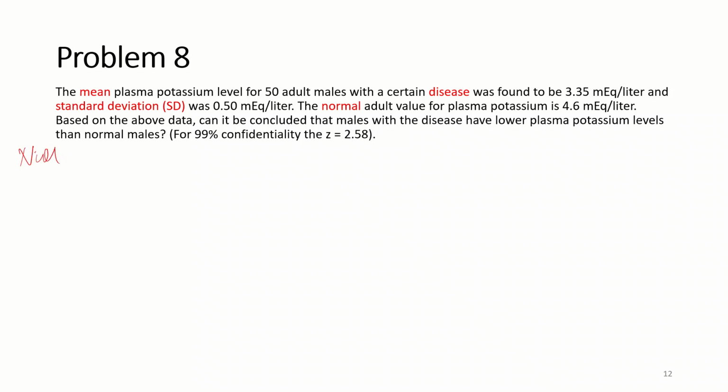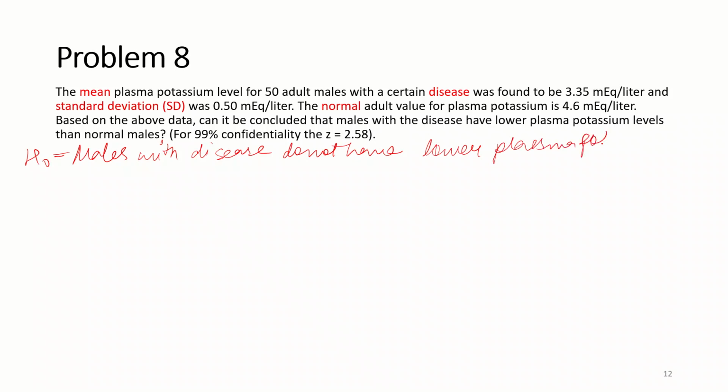Null, H naught, is: males with disease do not have lower plasma potassium, and HA is: males with disease have lower plasma potassium.